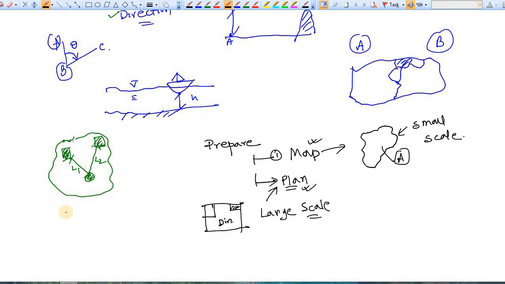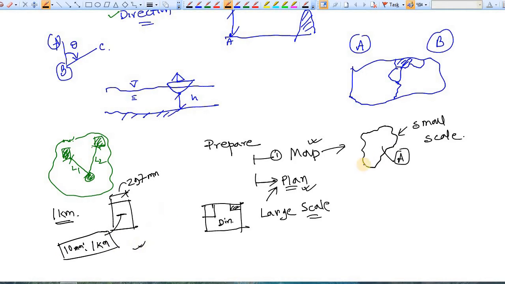Just for right now, for your understanding, scale means you have 1 kilometer distance, but in your page you cannot draw this 1 kilometer distance. You have hardly 297 mm. So what you do, you represent this 1 kilometer by, let's say, 10 mm. So here the scale is 1 kilometer in 10 mm. This is known as your scale.